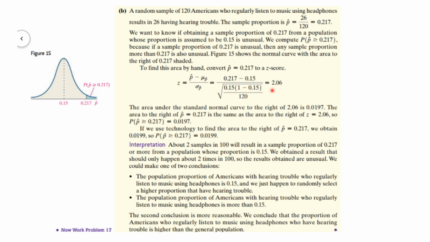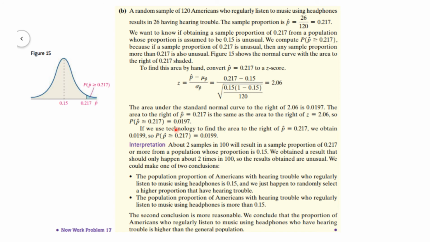Now what this means is that that measurement is a little bit over 2 standard deviations larger than the mean. Now you can use your table in your book, and you should check this calculation, 2.06. You get this as a probability. Now I found this in my table, and I had to subtract it from 1.